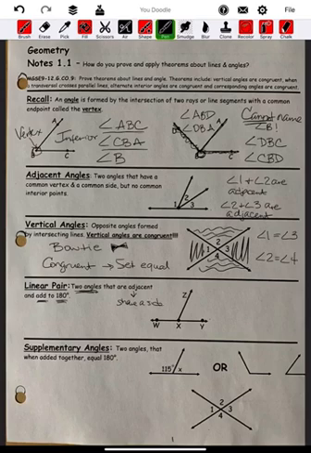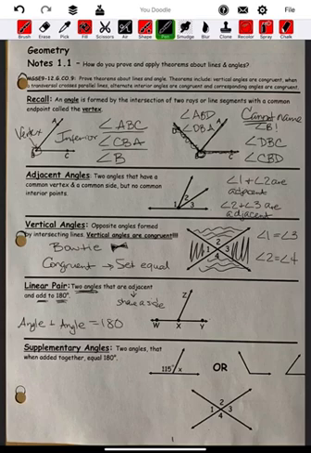So share a side. Let me erase this a little bit. Ms. Harper is a little bit of a neat freak. Down here you have a box that says angle plus angle equals 180.